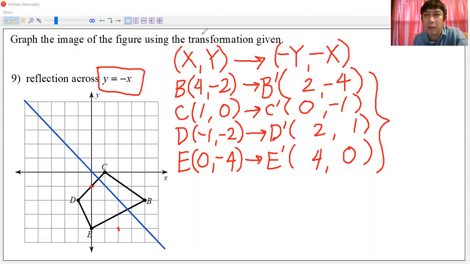Watch the red dots. I'm placing it in the diagram. Our D prime now is 2, 1. That should be in the first quadrant. So it must be this. And then lastly, our E prime is 4, 0. So it must be over here. We have the 4 dots in our diagram.